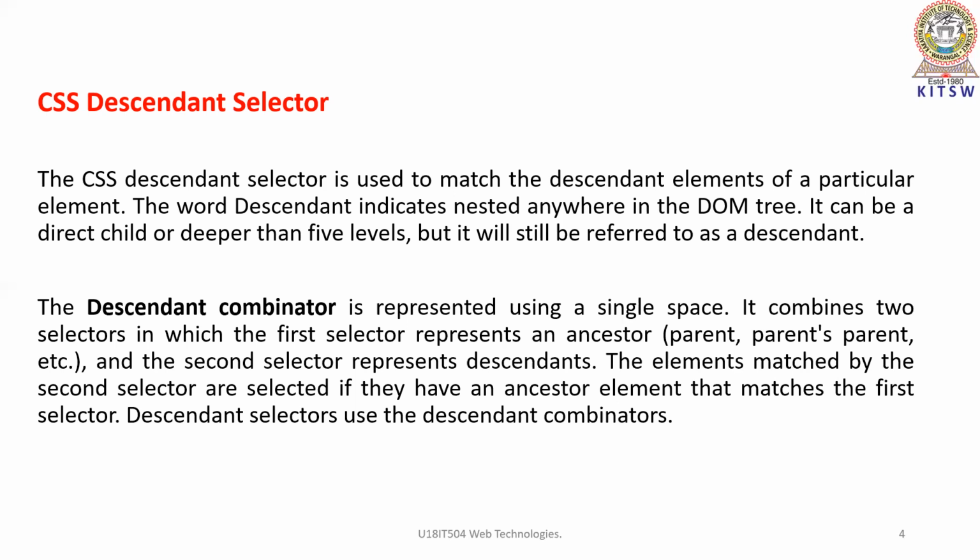The elements matched by the second selector are selected if they have an ancestor. Descendant selectors use descendant combinators. So this is all about our descendant selectors.